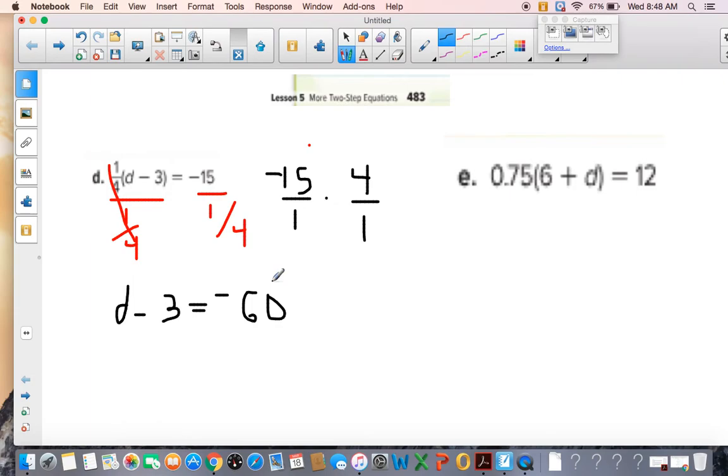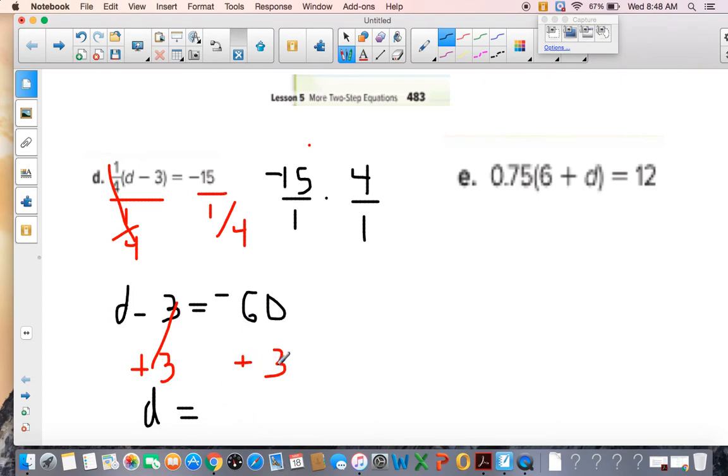Now that already is a lot easier than what you had to do when you were trying to add 3/4 to a negative 15. Now, over here we still don't have d isolated, so this is subtracting 3, so the inverse operation will be adding 3 to both sides. So that cancels out here. That leaves us with d equals, now remember, negative 60 plus 3.